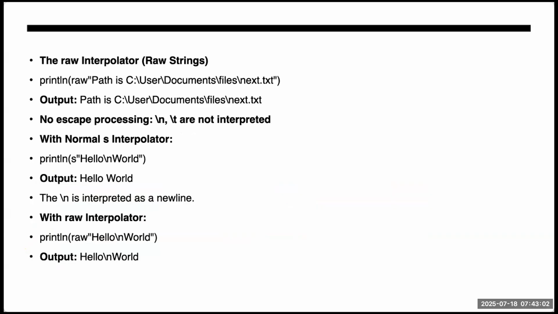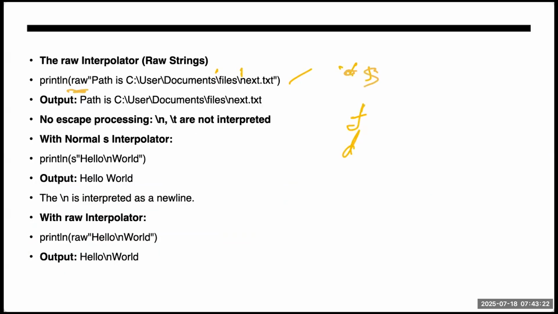Now, let's suppose you have to print things where you have backslashes, front slashes. If you want to print this, then you will use raw, like how you have percentage s, then f, then d. Similarly, you have raw.